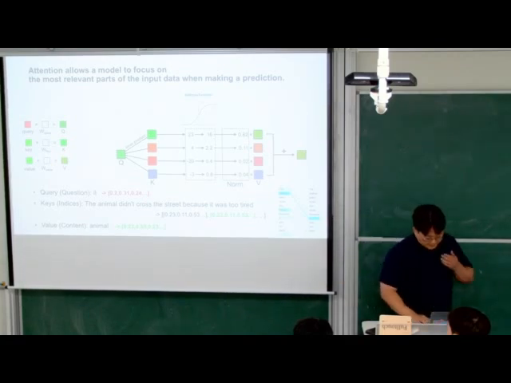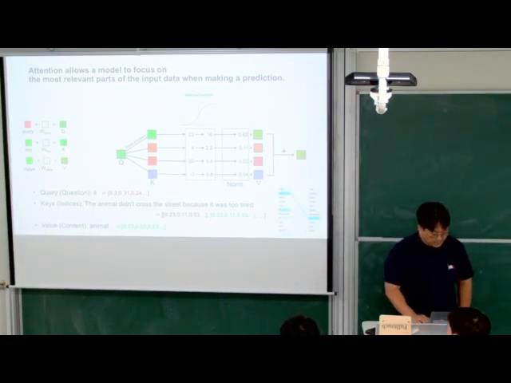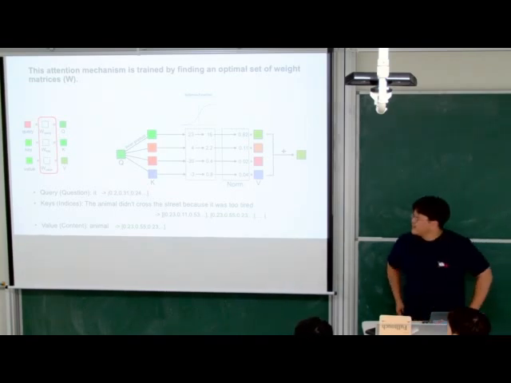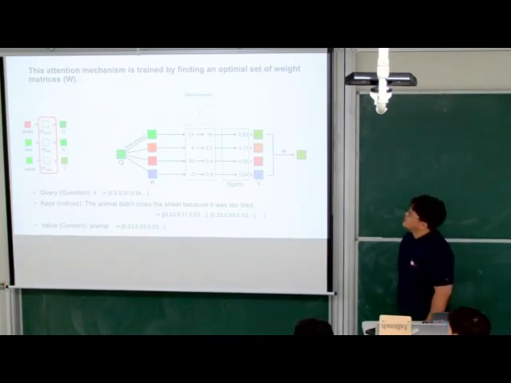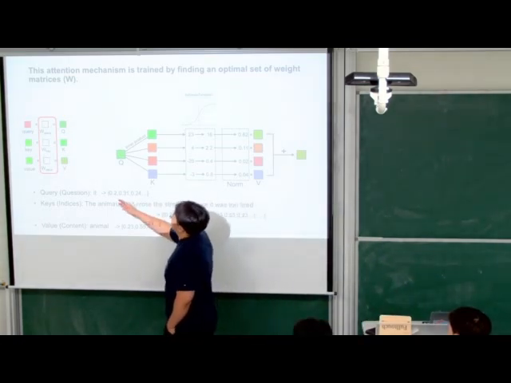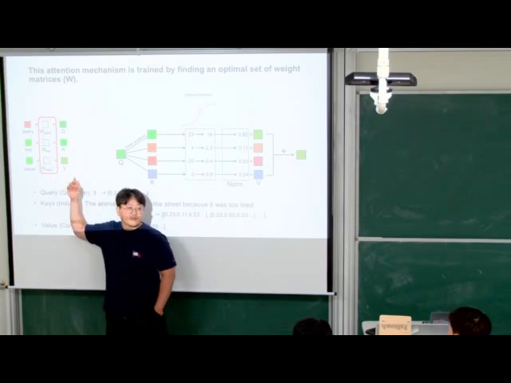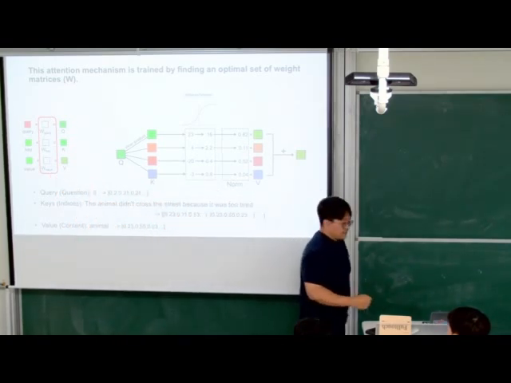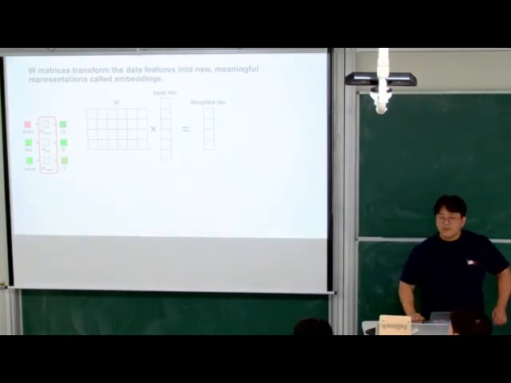So this is a simple structure of the attention, and basically this attention mechanism is trained by finding an optimal set of W matrices. So we have to find the optimal W's, right? So what is the meaning of the W?